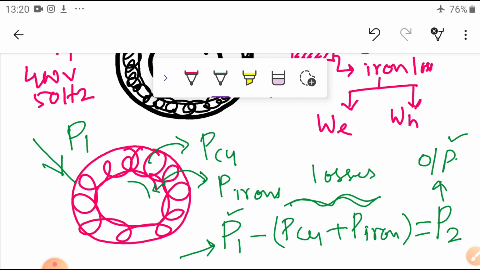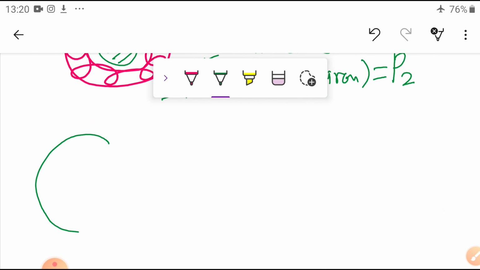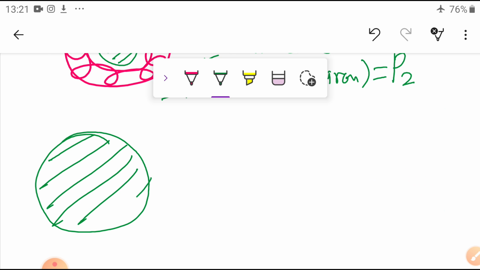Then what is inside? This is the rotor. The rotor also has some rotor winding, wound on a core material, some iron core material.